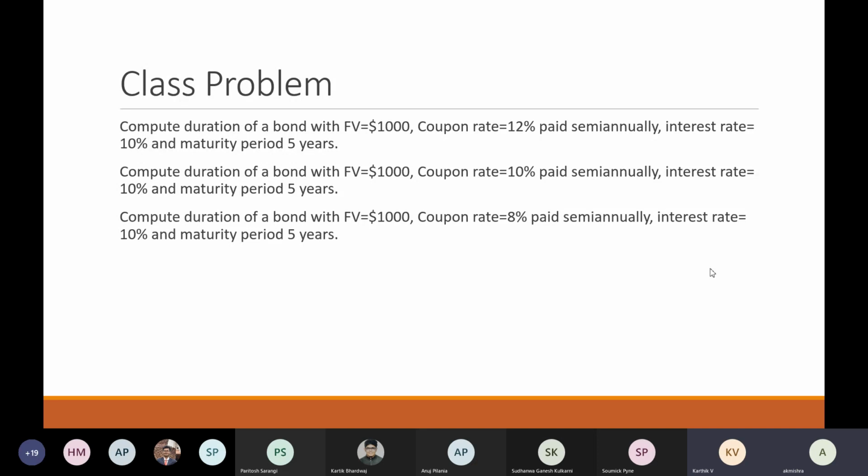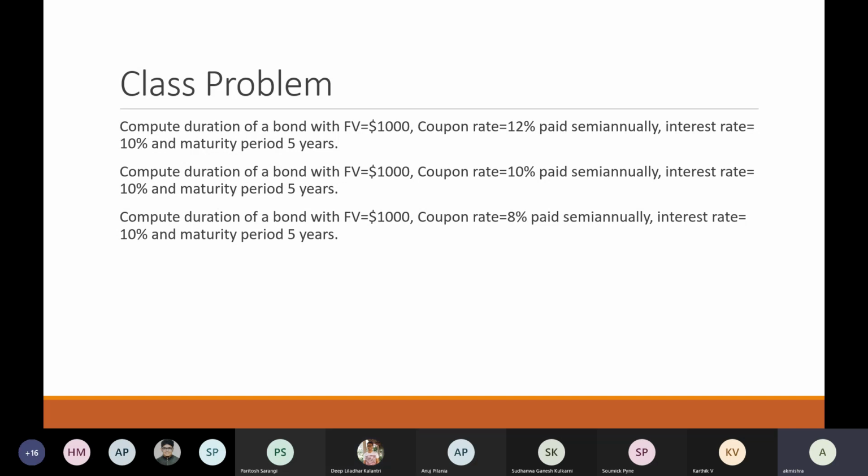Okay. Mukul? Deep? Calculating, sir. Okay.